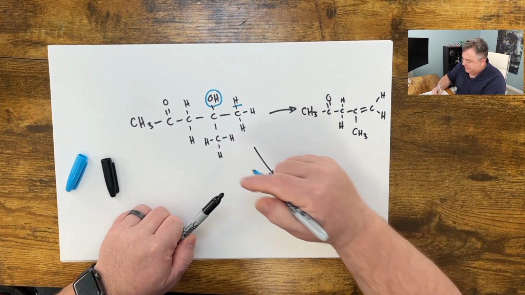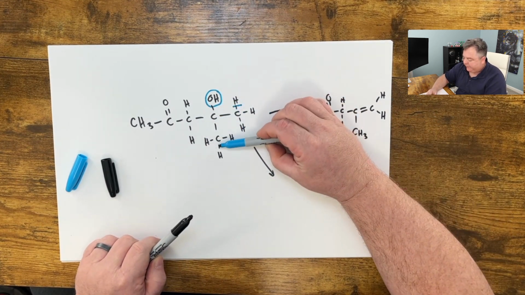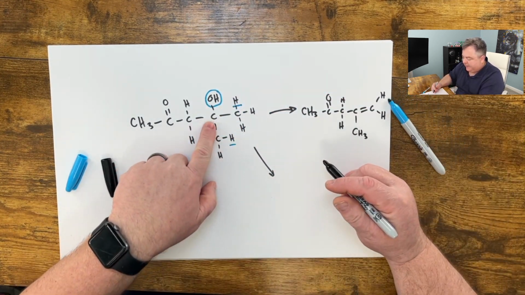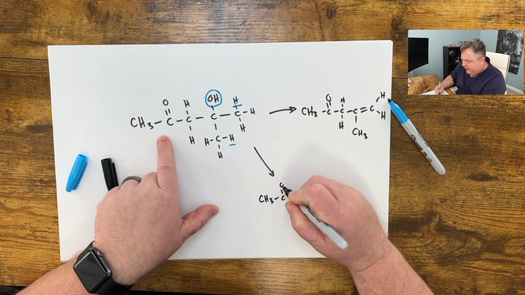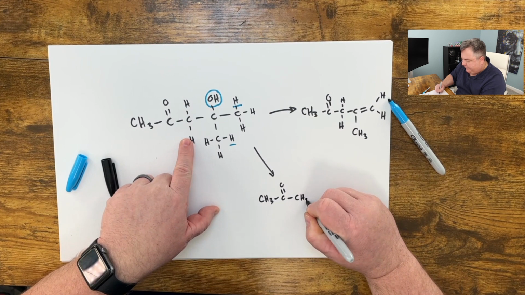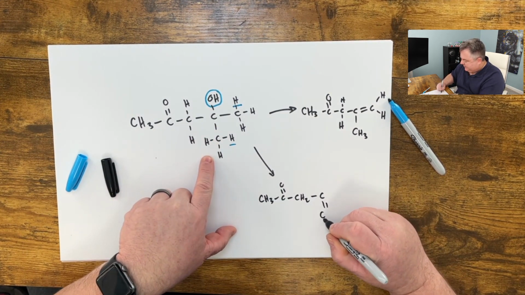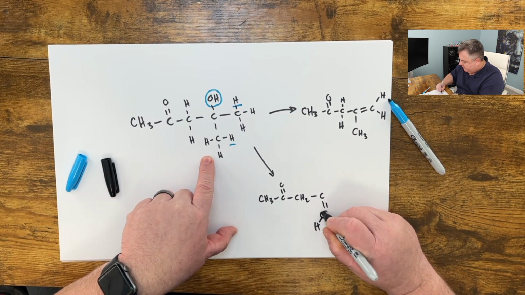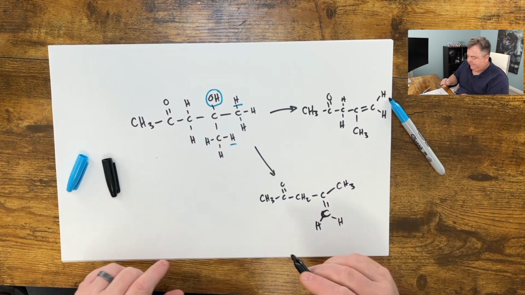If I pulled off a hydrogen on this neighboring carbon, so there's the carbon with the OH, here's a neighboring carbon, then I get a double bond here. In that case, I get CH3, C double bond O, CH2, carbon, double bonded to a carbon with two hydrogens. And this CH3 is still on that carbon.